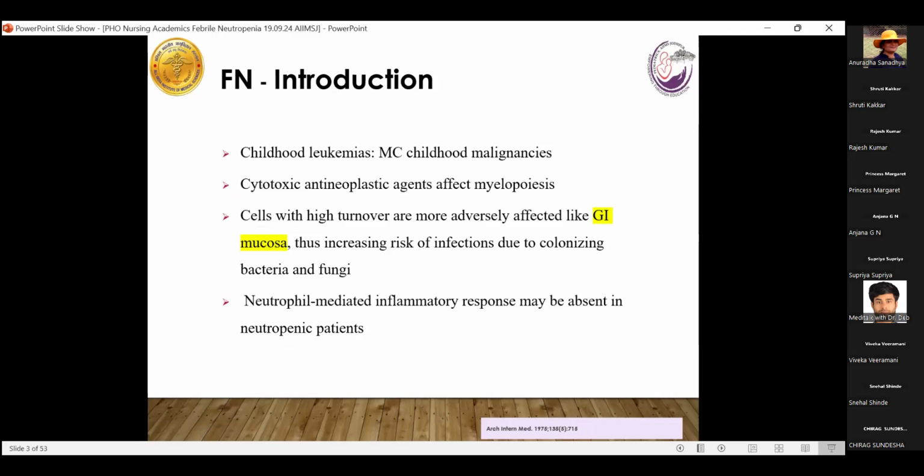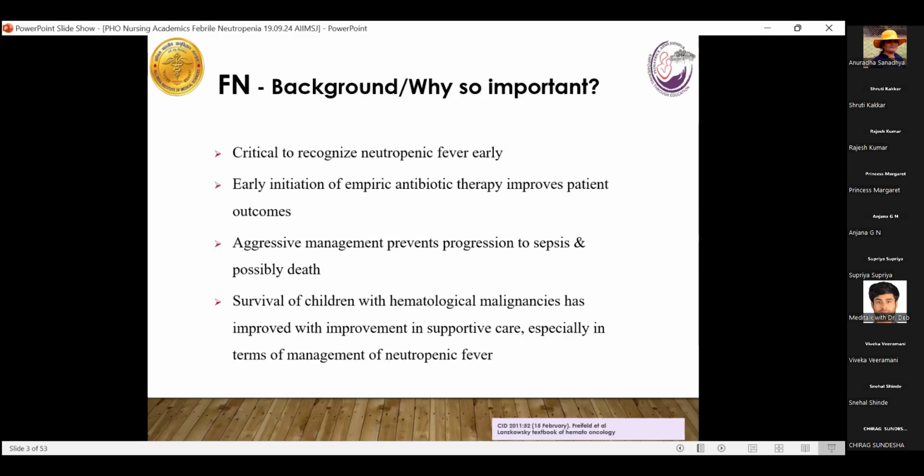The neutrophil mediated inflammatory response, which is normal in a normal patient, could be absent in a neutropenic patient because of chemotherapy and also because of the underlying malignancy. And fever may be the earliest and the only sign of infection when a child presents with febrile neutropenia.